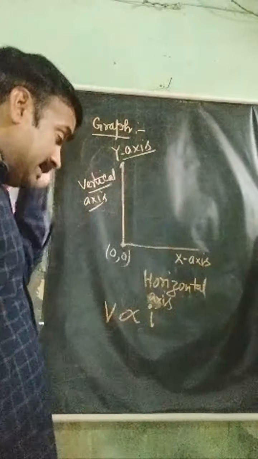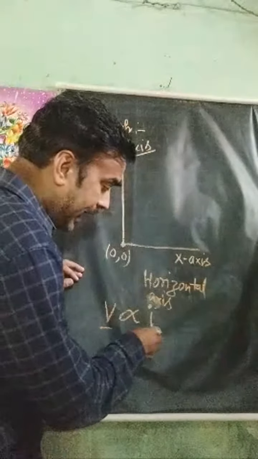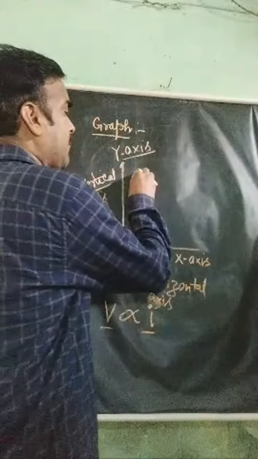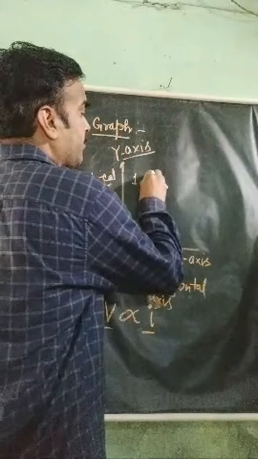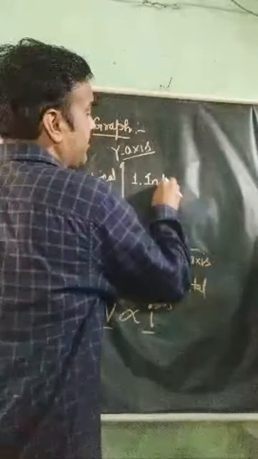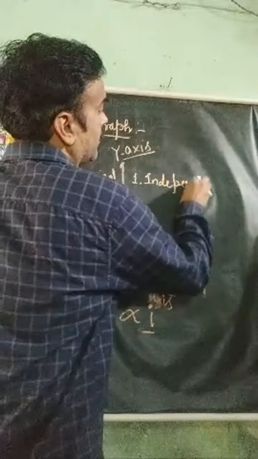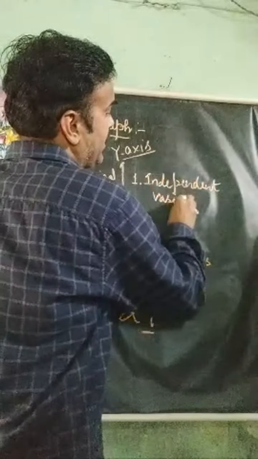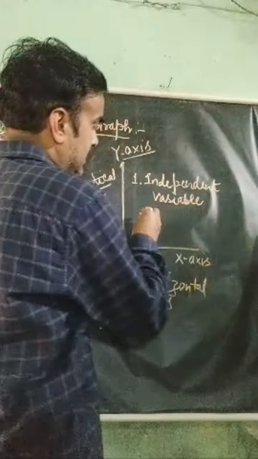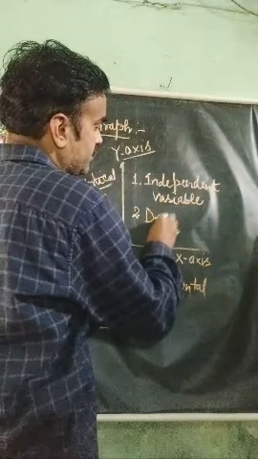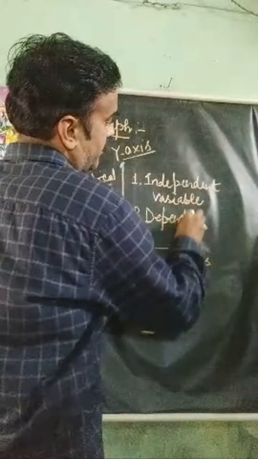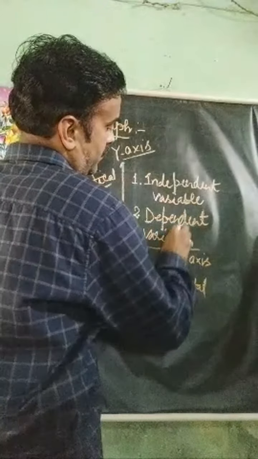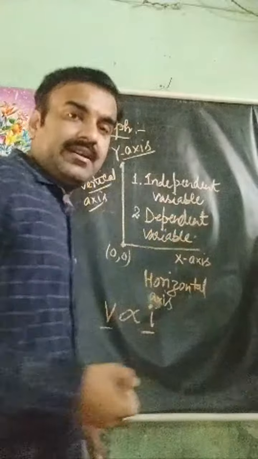So see, V is proportional to I. There are two types of variable in the graph: one is the independent variable, and the second is the dependent variable.